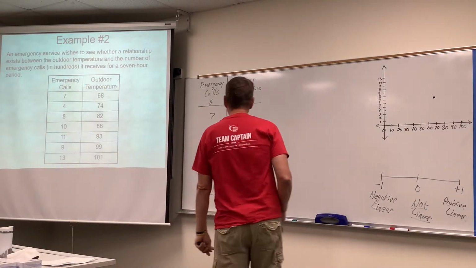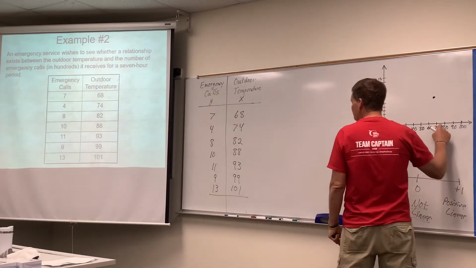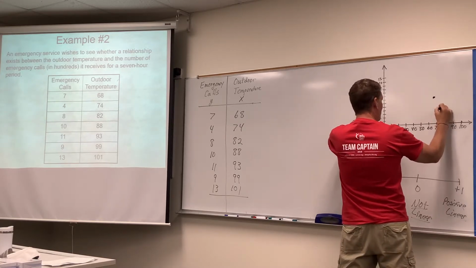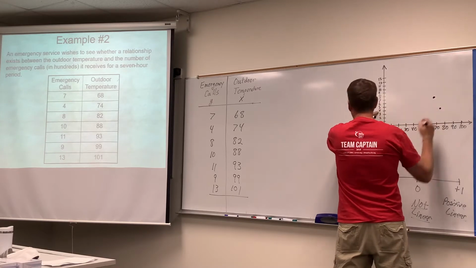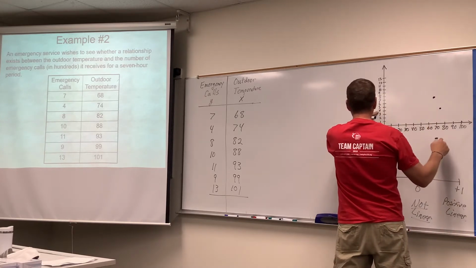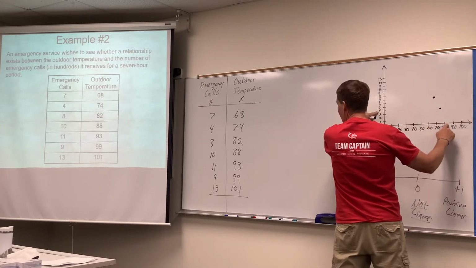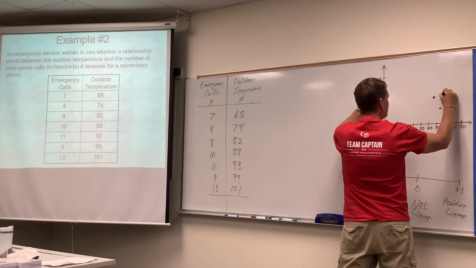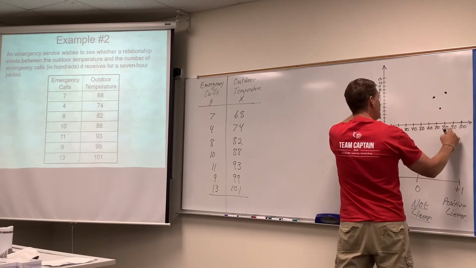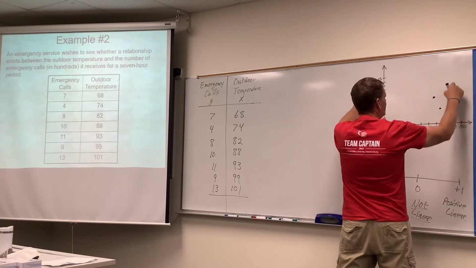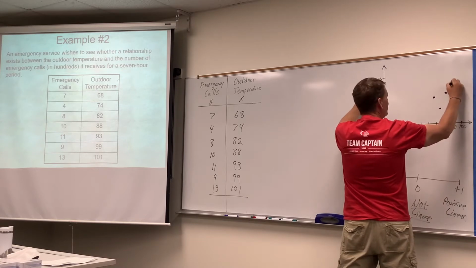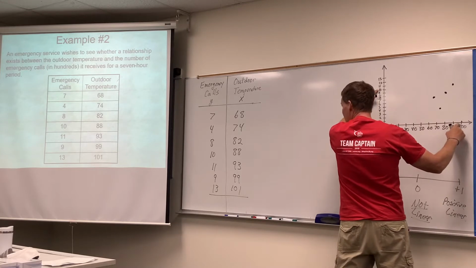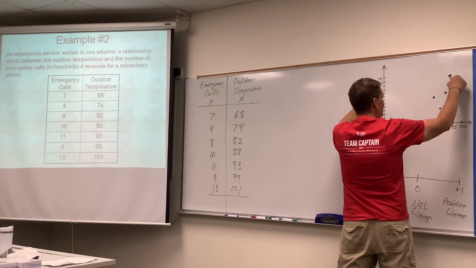All right, let's see. When the temperature was 74, we had 400 emergency calls. So again, just get me in the ballpark here. I'm not going to get out a microscope and grade every little point here. 82 degrees, 800 emergency calls. 88 degrees, 1,000 emergency calls. 93 degrees, 1,100 emergency calls.